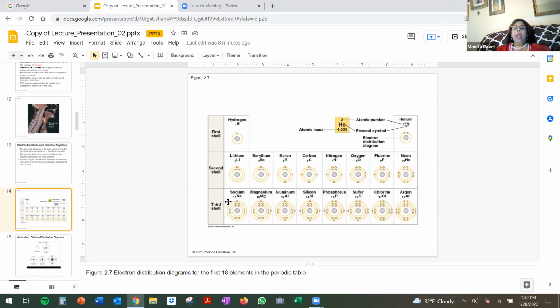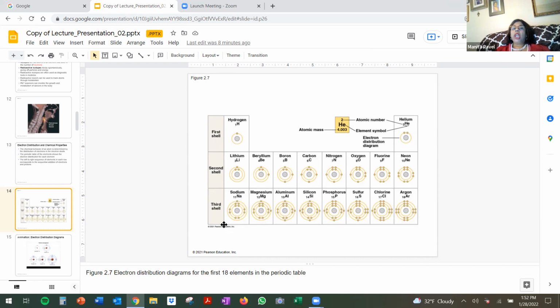Sodium has 11. We talked about chlorine, 17. Sodium has 11. Therefore, its electronic configuration is: the first orbital can hold 2, the second orbital can hold 8, 2 plus 8 is 10, and comma 1, since 11 minus 10 is 1.